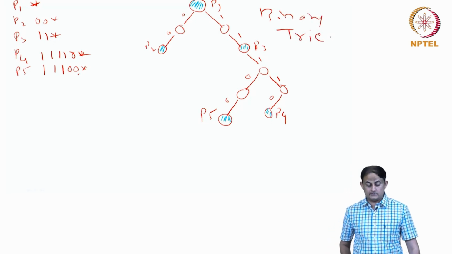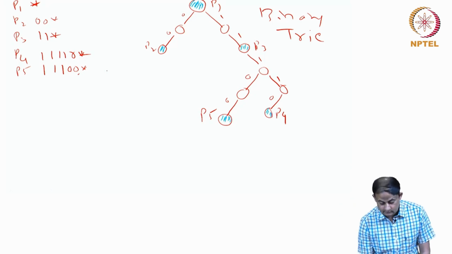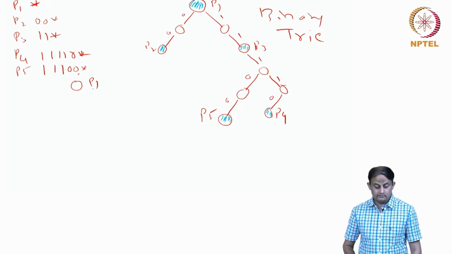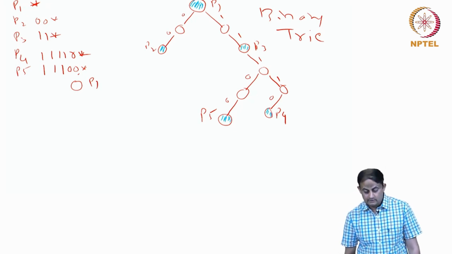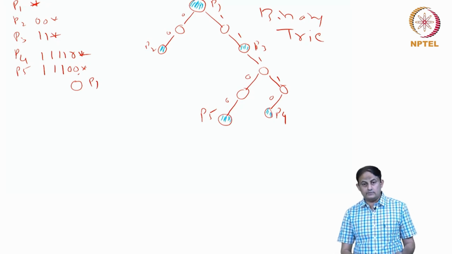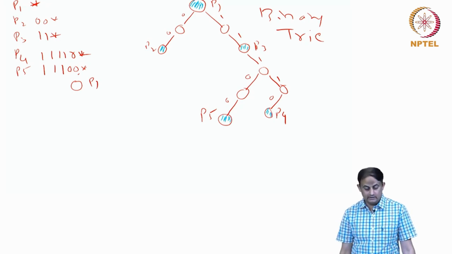And the path compressed trie for this set of prefixes looks something like this. So, I take this as the input. As usual, I start with the root node. This is my P1, the default prefix, and then any node which is intermediate and having a single child would be eliminated.